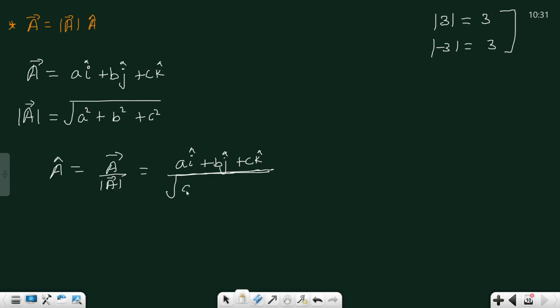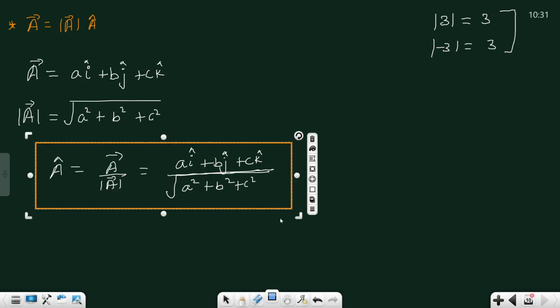So when you have to calculate the unit vector, you can easily find it using this. It is simple, there is nothing in it. Clear? Yes sir. Quickly note it down.